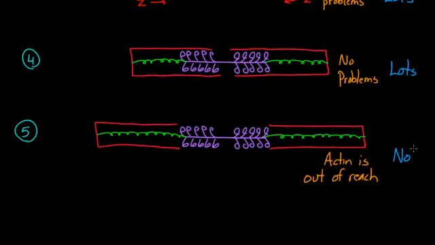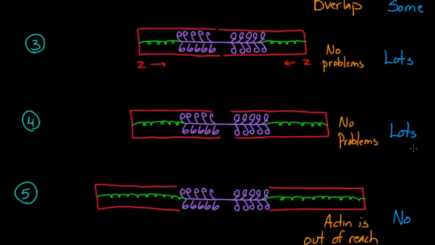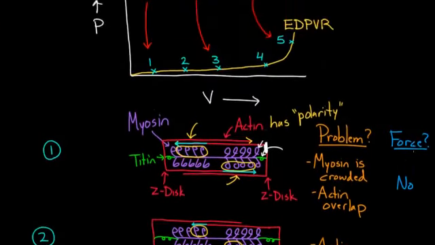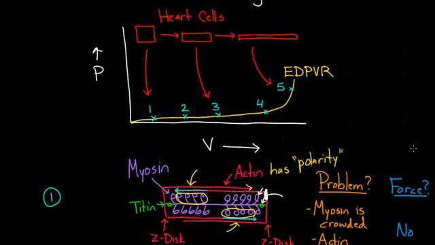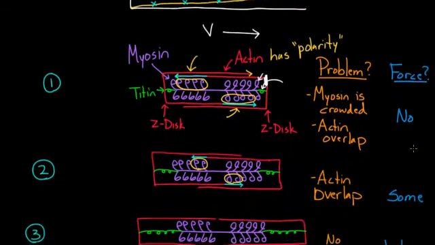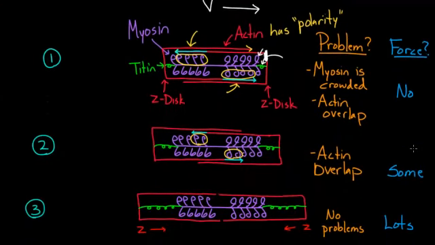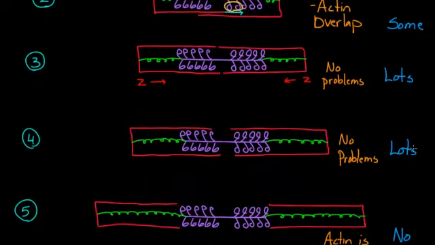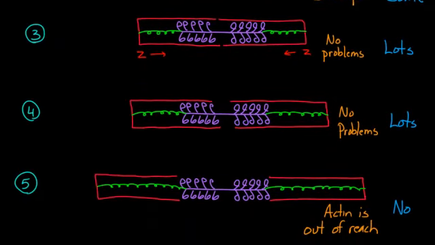So this is kind of the overall look and feel of what happens as the preload goes up. As you get more and more stretched out, things seem to be getting better initially, but then they get a little bit too stretched out at the very end. And the optimal situation, this is pretty important, out of these five scenarios would basically be one of these two. Situations 3 and 4 are looking really good, right?